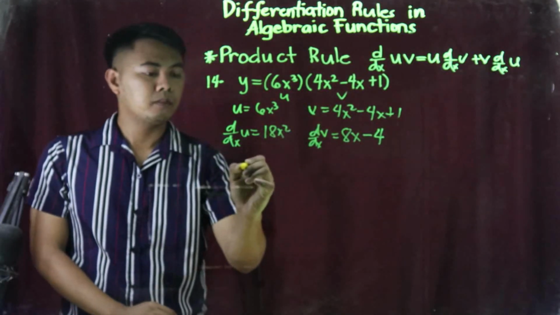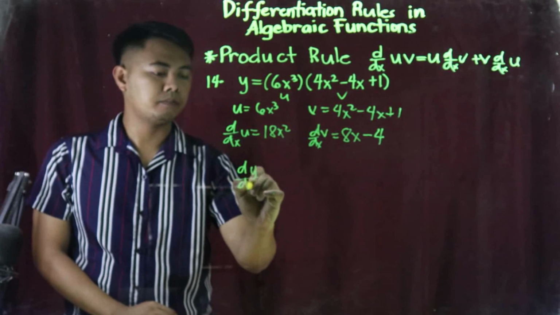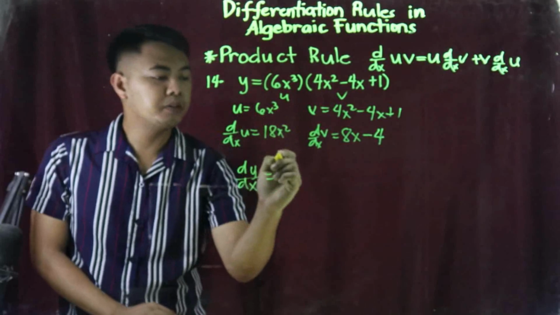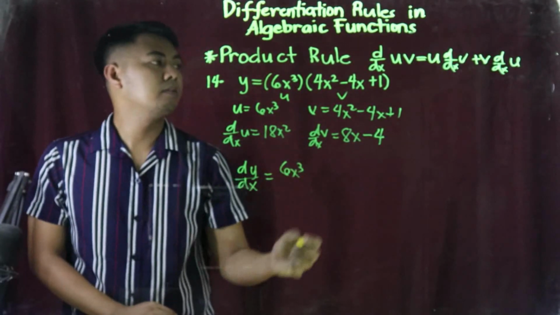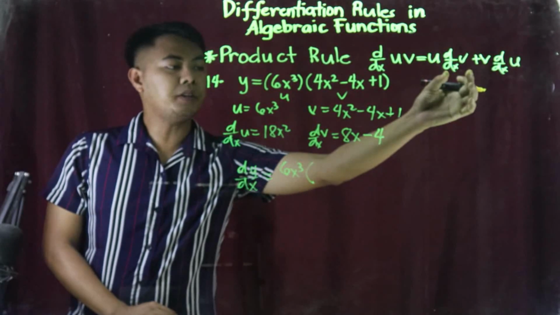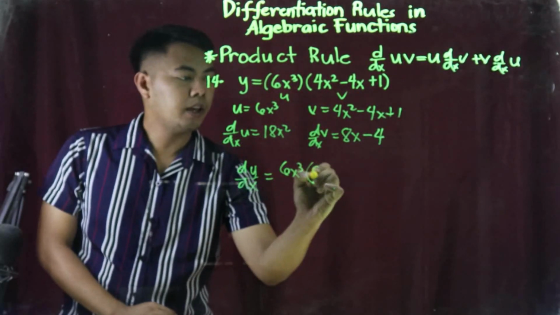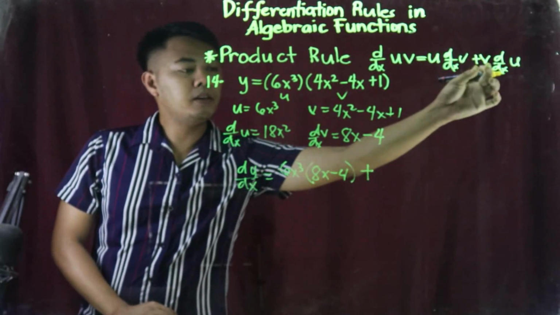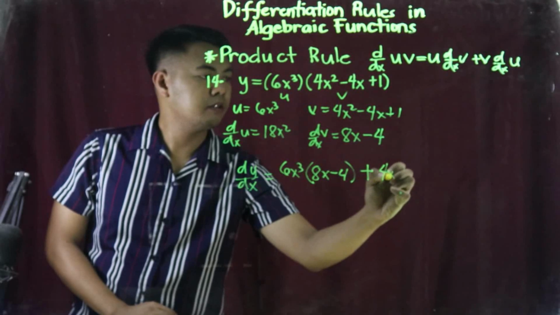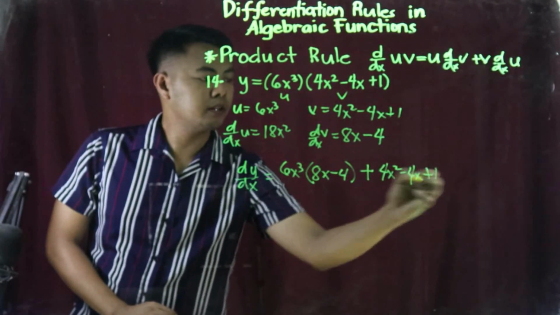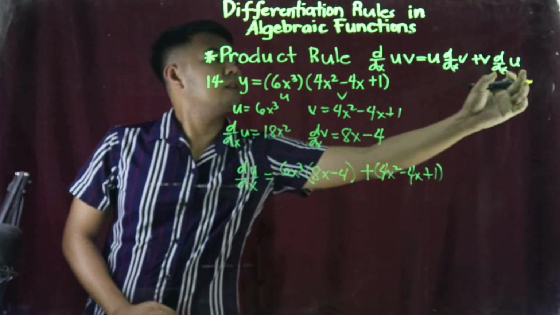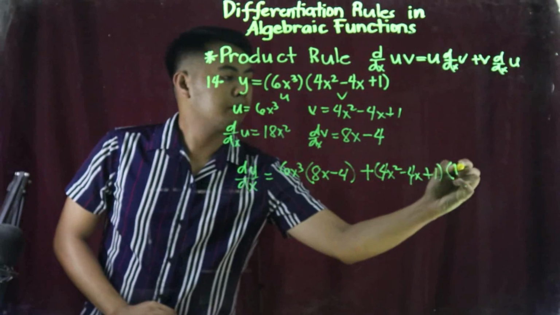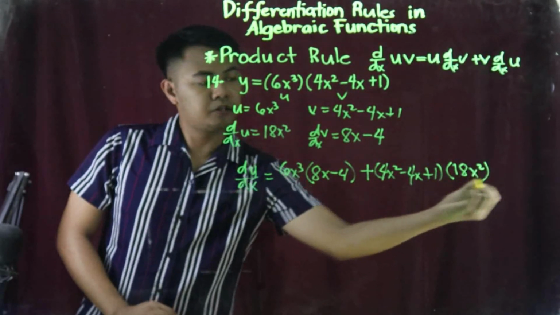So the derivative of y is equal to copy u, so this is our u, 6x cubed, times the derivative of v, which is 8x minus 4, plus copy v, we have 4x squared minus 4x plus 1, times the derivative of u, which is 18x squared.